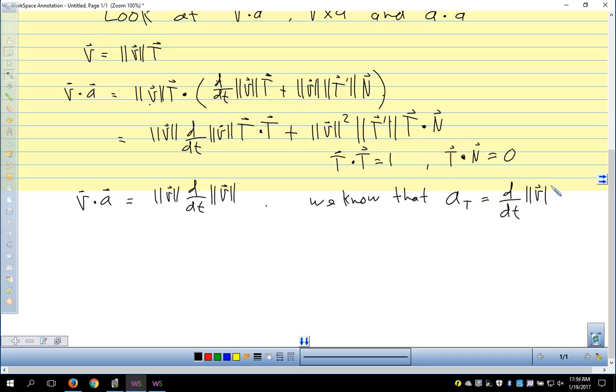So we can write that a sub T, this is our tangential component of acceleration, is going to be the quantity v dot a over the magnitude of v.